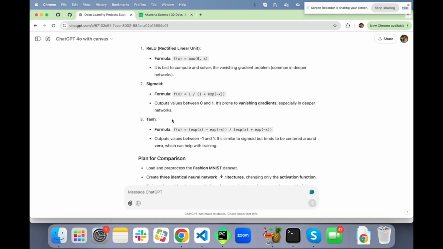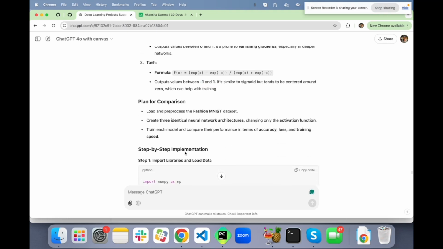Okay. Then tanh. The tanh formula is exponential of x minus exponential of minus x divided by exponential of x plus exponential of minus x. Outputs values between minus 1 and 1. It is similar to sigmoid but centered around 0, which can help with training.